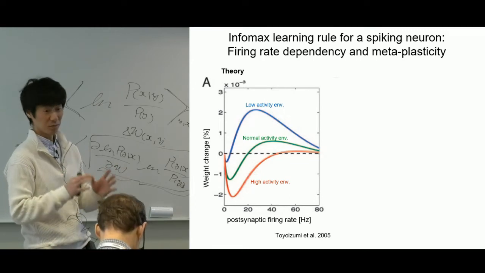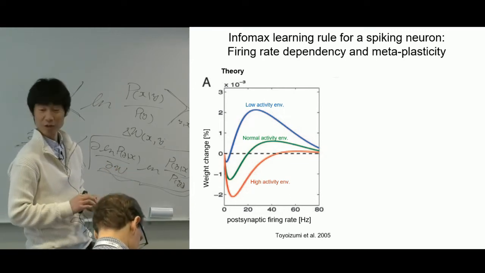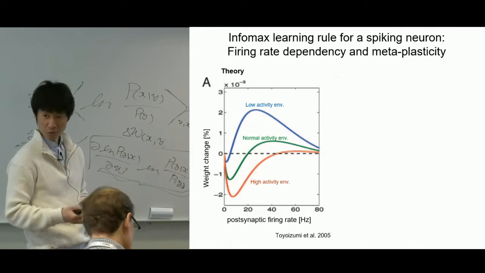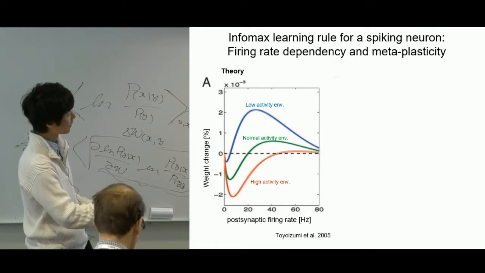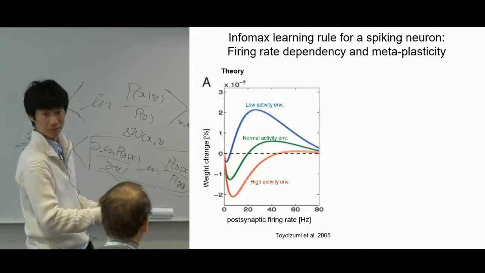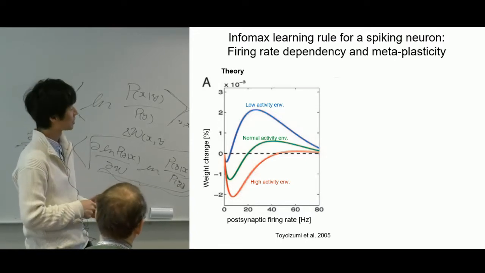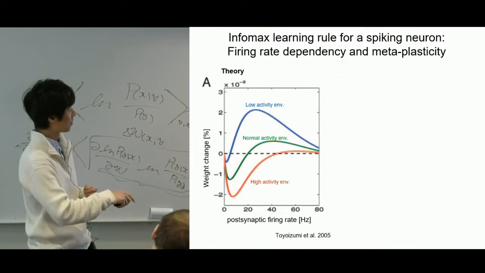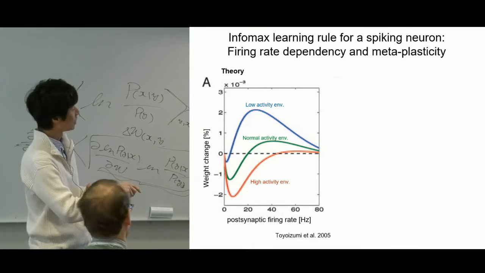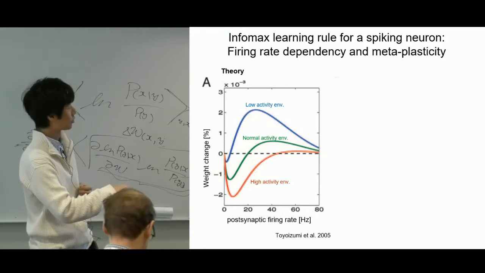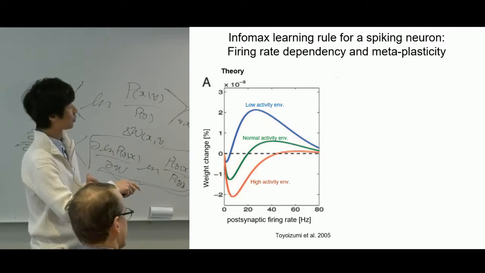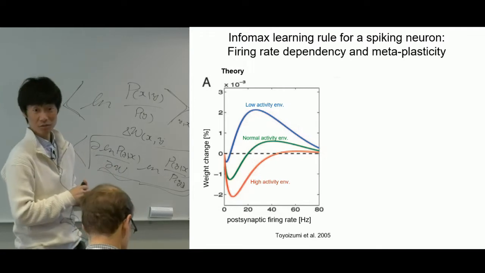So if the background spiking rate is too high, energy is running out. So with too high a background firing rate, there is a bigger area of depression of synapses. If the background activity is too low, there's a lot of budget left, so it can potentiate additional synapses.